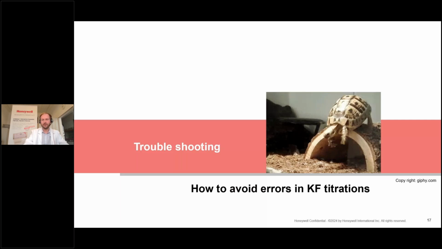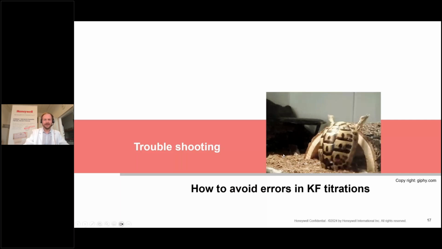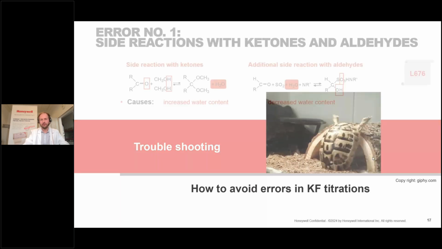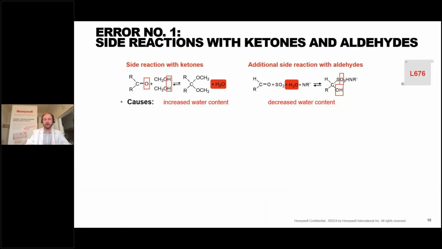So I would like to show you some tips and tricks to avoid errors during your KF titration, so you do not fall on your head like this little turtle. And I would like to start with error number 1, which is side reactions with ketones and aldehydes. Ketones and aldehydes, most of you I think know it already, react with methanol to ketals and acetals, whereby water is released as a byproduct.